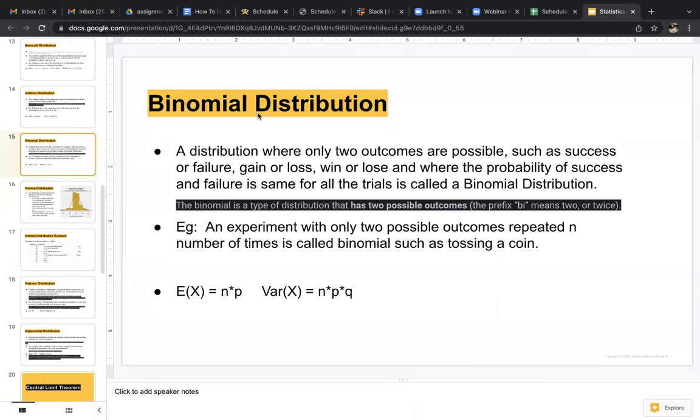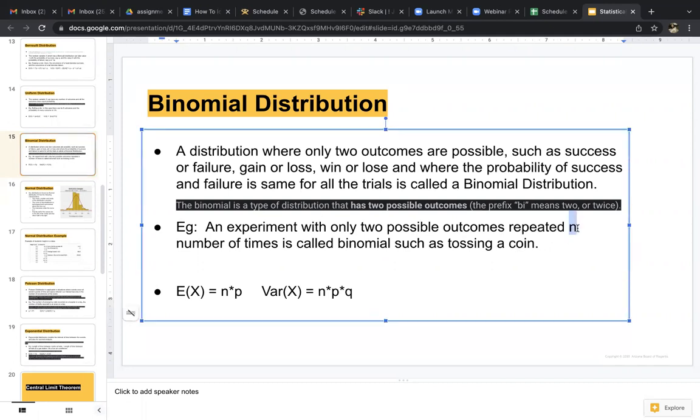The binomial is a type of distribution that has two possible outcomes. The prefix bi means two or twice. For example, an experiment with only two possible outcomes repeated n number of times is called binomial, such as tossing a coin. So this n is very important here. We are performing the same experiment n number of times.